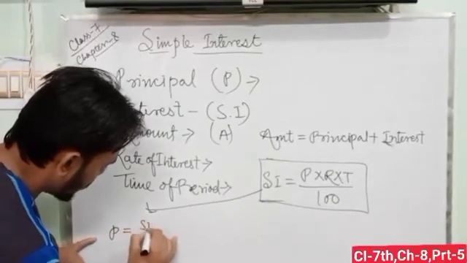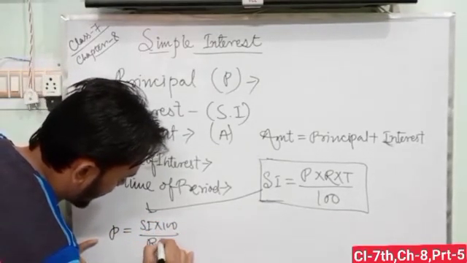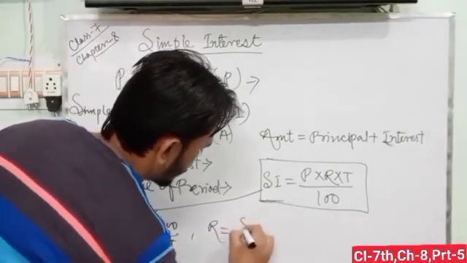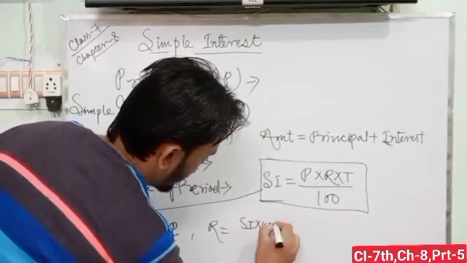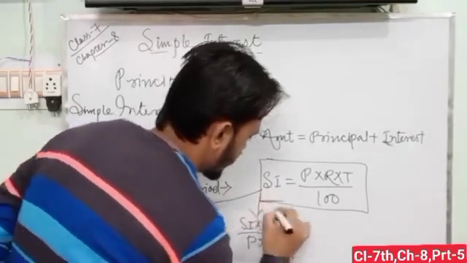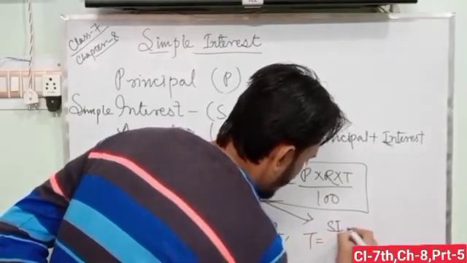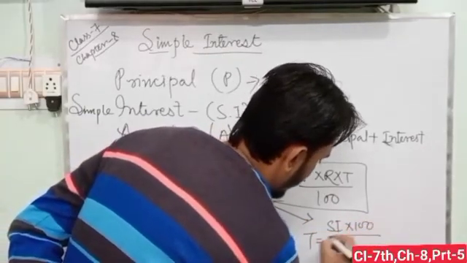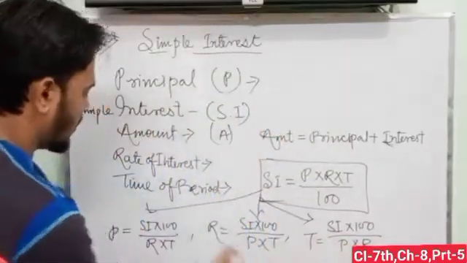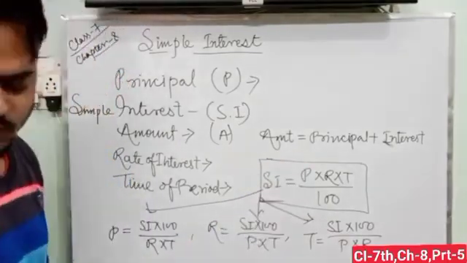P equals SI into 100 upon R into T. R equals SI into 100 upon P into T. And the third one is T equals SI into 100 upon P into R. These three are part of these formulas.